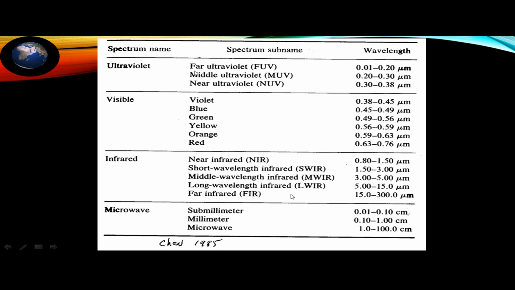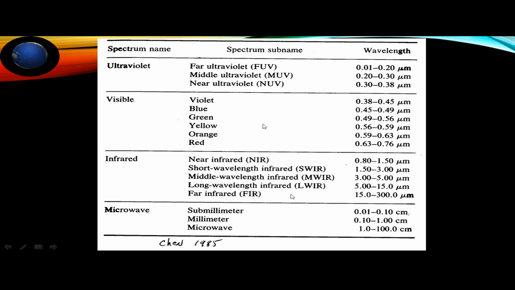Ultraviolet has a wavelength of 0.01 to 0.38 micrometer, where a micrometer means 10 to the power minus 6 meter. The visible region, as I told, is 0.4 to 0.7, nearby 0.38 micrometer to 0.76 micrometer.